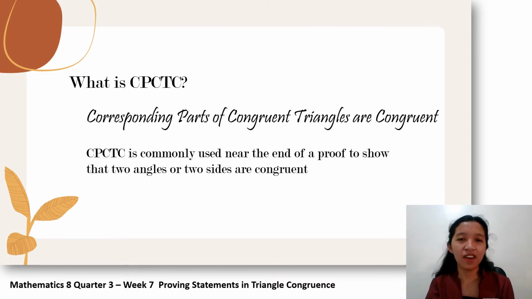So once we identify that the two triangles are congruent, we can use CPCTC to identify those parts that were not mentioned in the first proof.